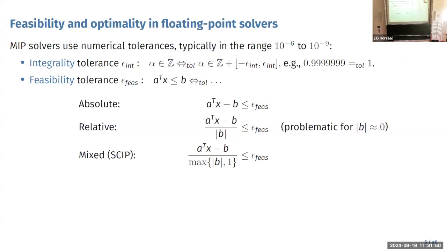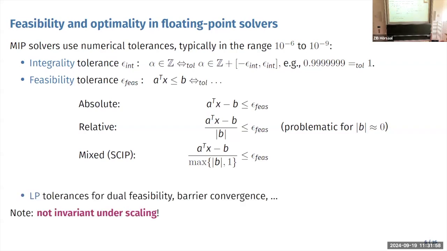If you scale this down, then the violation will be scaled down, and then you might say this looks fine. So these tolerances are not invariant under scaling. Well, the relative one is, but I think we agree that that's probably not something you can use in practice, right? But the other two may change if you scale your problem differently.